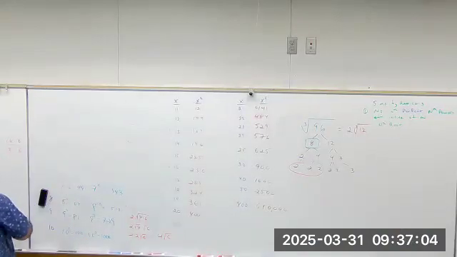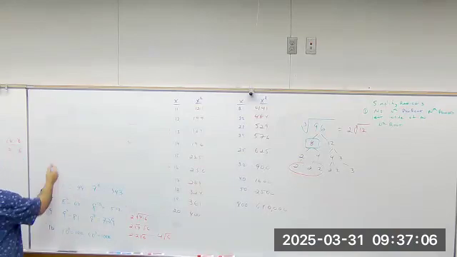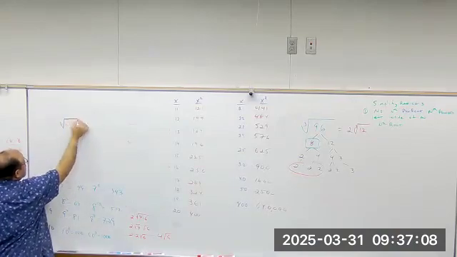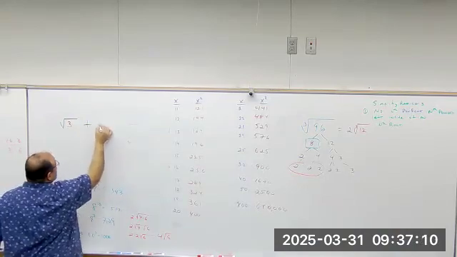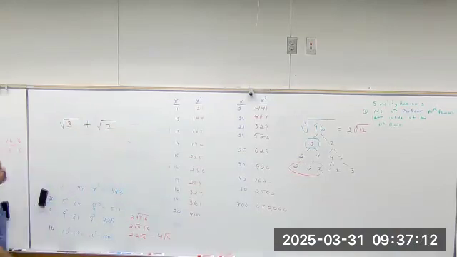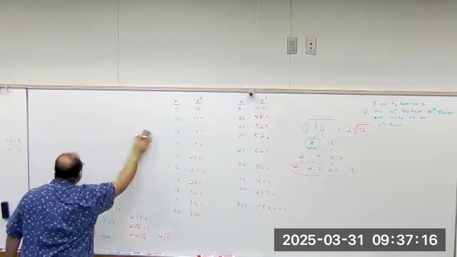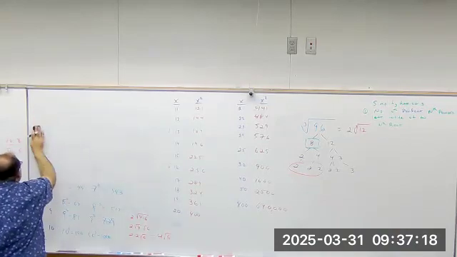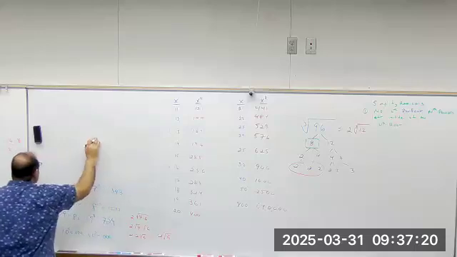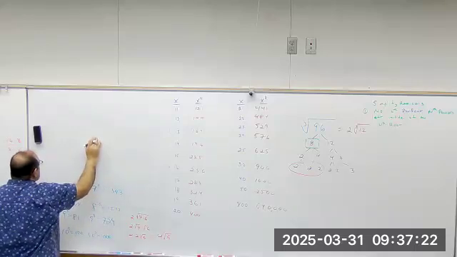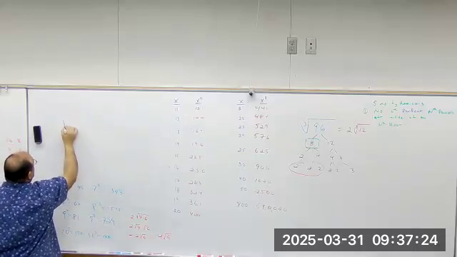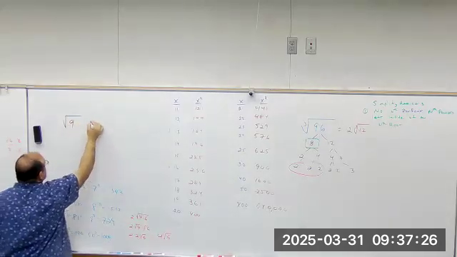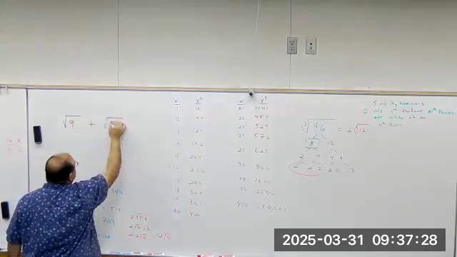Also, going back, because we're going to pick up where we left off last week, what is the square root of 3 plus the square root of 2? Wait, let me change that. It's the square root of 9 plus the square root of 16.